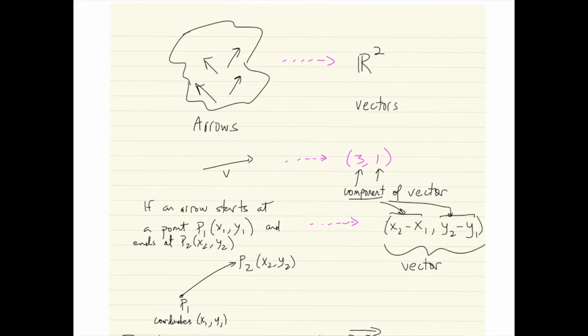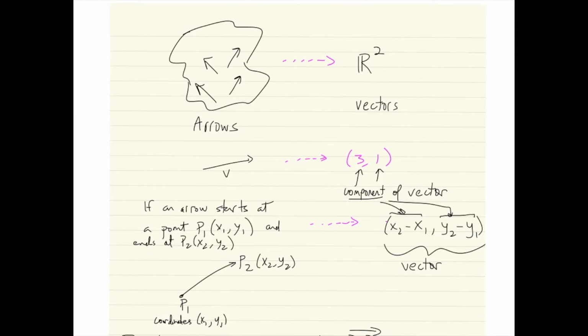Now, what if the arrow doesn't start at the origin, but starts at some point p1 with coordinates x1 and y1? This is the notation for a point p1 with coordinates x1 comma y1, and then a point p2 that has coordinates x2 and y2. So suppose we've got this vector here that starts at p1, ends at p2.